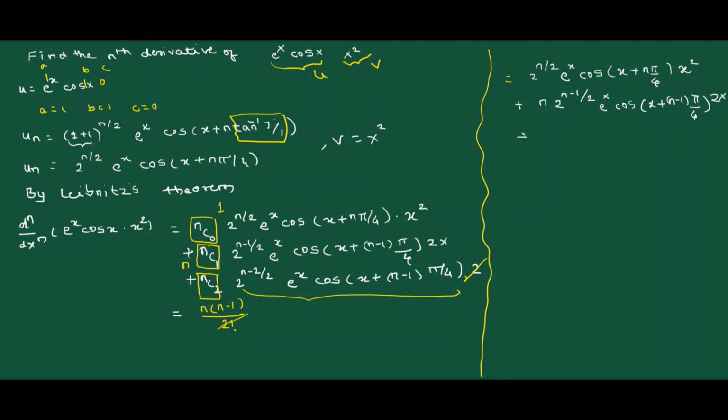Plus in the last term 2 factorial and 2 get cancelled, which means we are left with only n into n minus 1, 2 raised to n minus 2 divided by 2 cos x plus n minus 2 into pi by 4. This is the required solution.